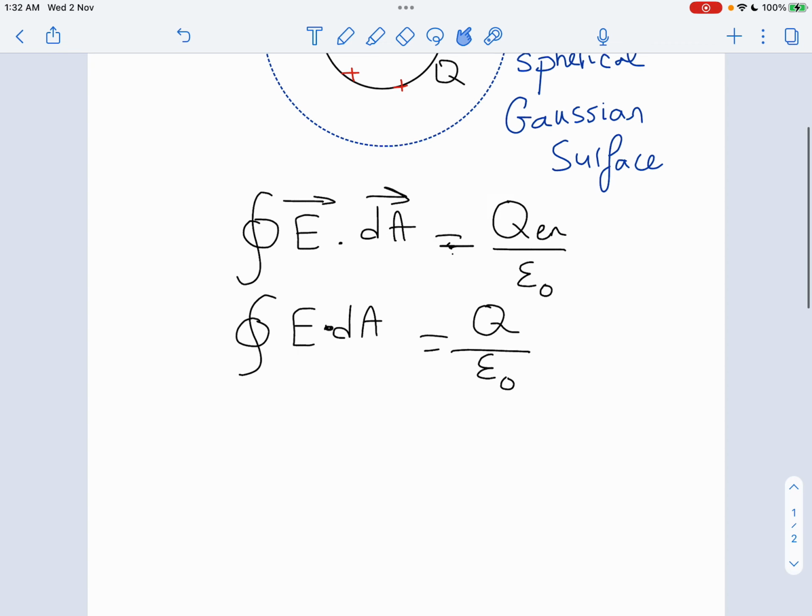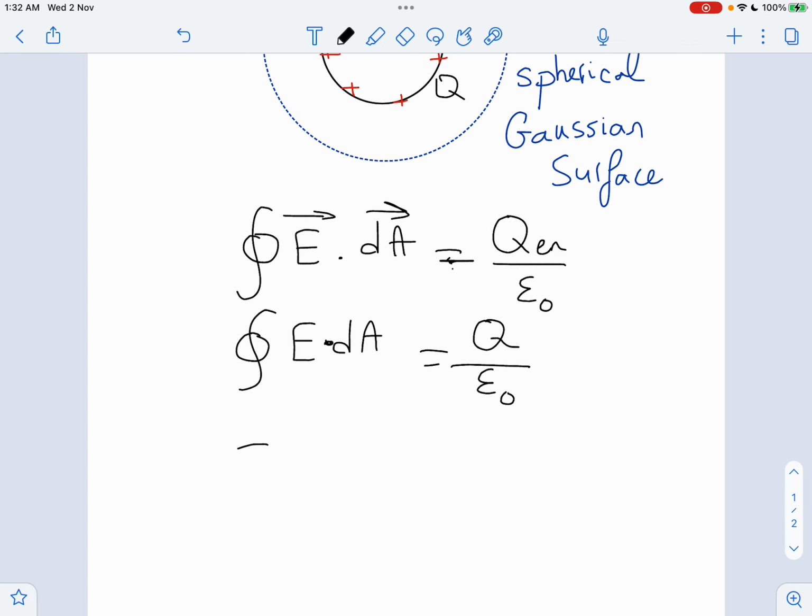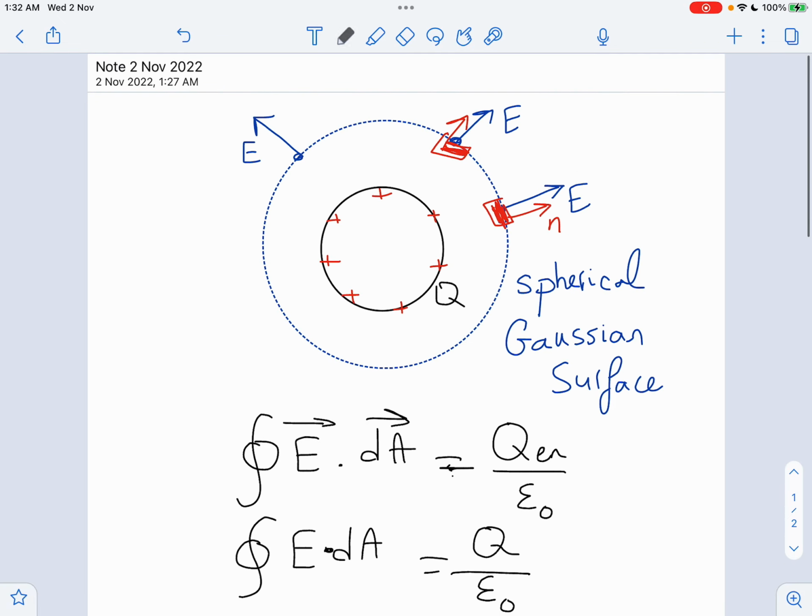That's the whole point of using Gauss's law. What's left inside the integral is dA, and the integral of dA is simply the area of that Gaussian surface. What's the area? It's simply 4 pi r squared, where r is the distance from the center.